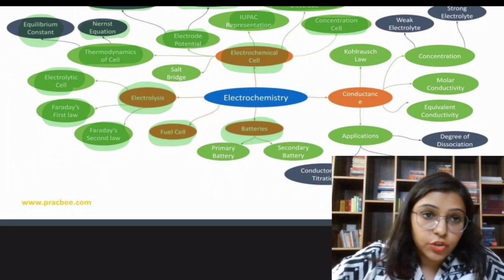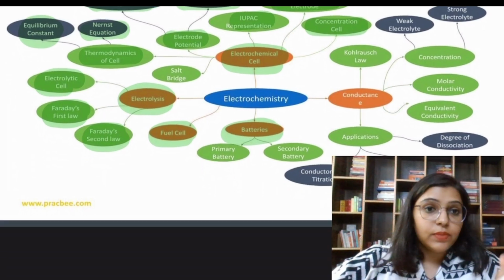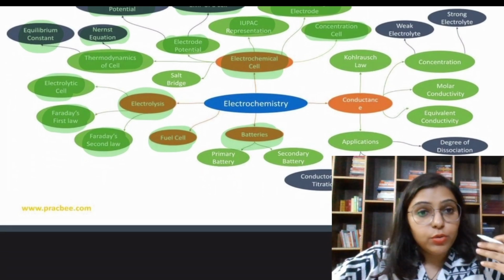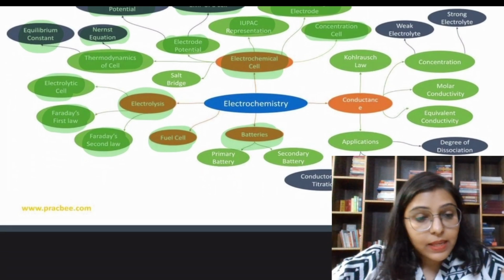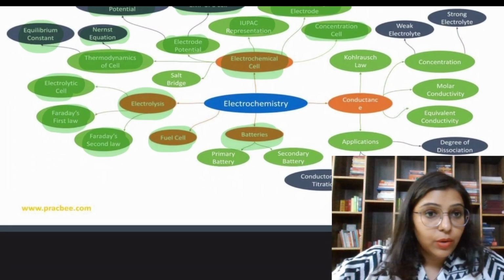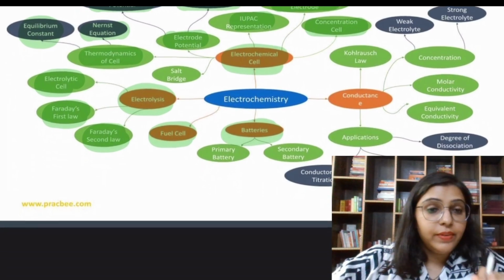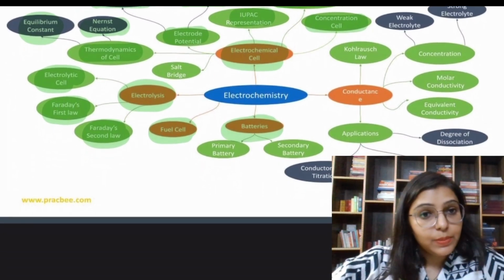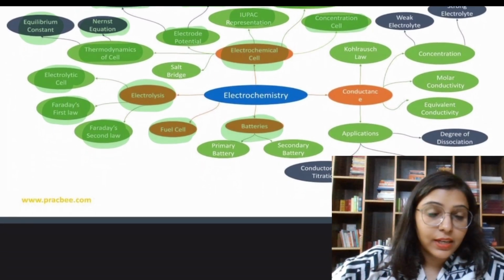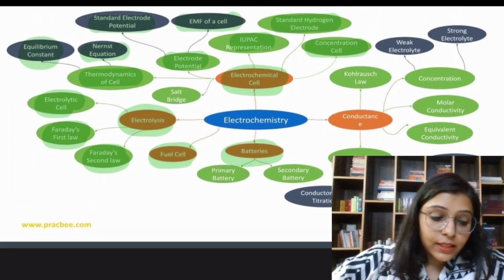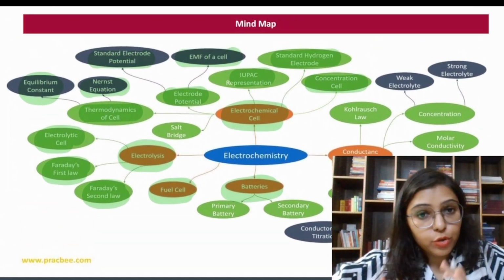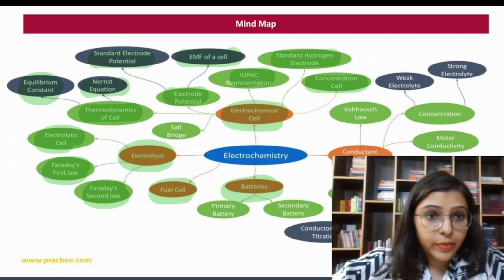With respect to conductance, you should know some basic idea about important terms like resistance, conductance, molar conductivity, equivalent conductivity, specific resistance, specific conductance. Then you should have an idea about conductometric titration.